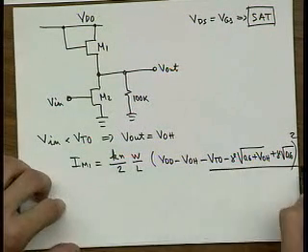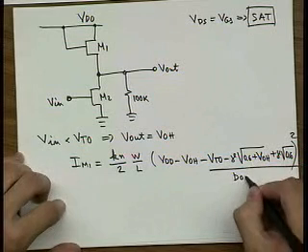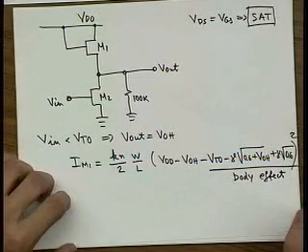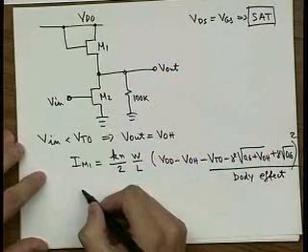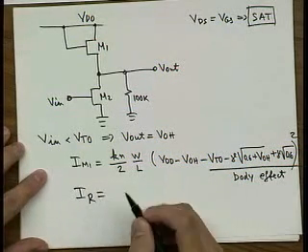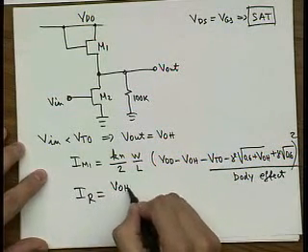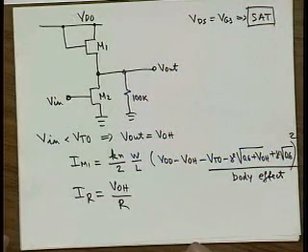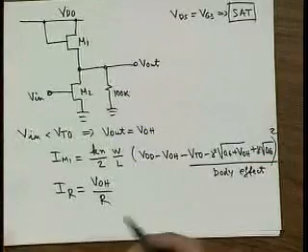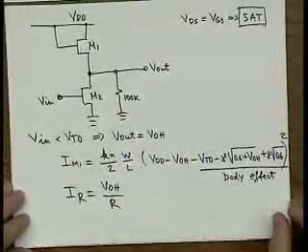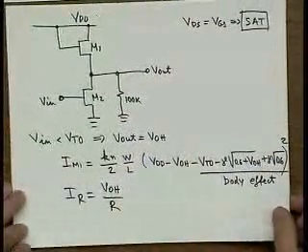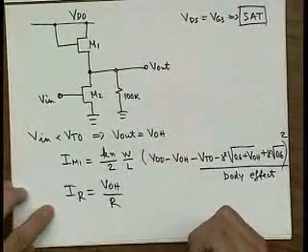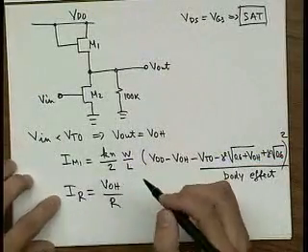And this is the body effect here. And my current in the resistor will be VOH divided by R. Okay, and now I have to make these two equal. So let's do that, and let's first figure out some of the values over here.